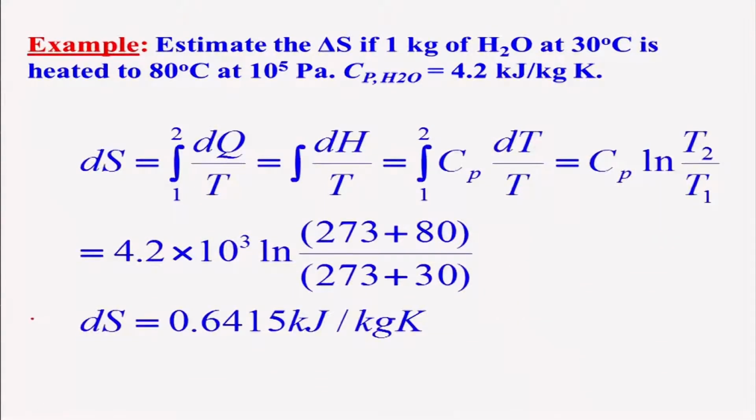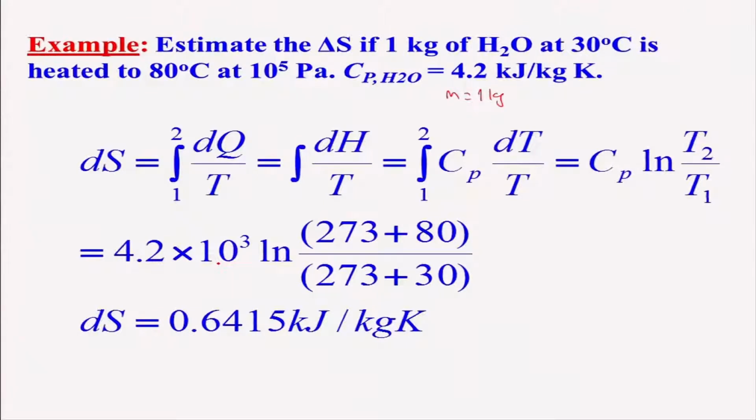We will find that ds is equal to dq by T. We can consider this an isobaric process because there is no change in pressure, and then dq is equal to dh, which is nothing but Cp dT, because we consider 1 kg. So the mass is 1 kg in this case, so we will not consider it. That is Cp ln T2 by T1, and Cp is given to you.